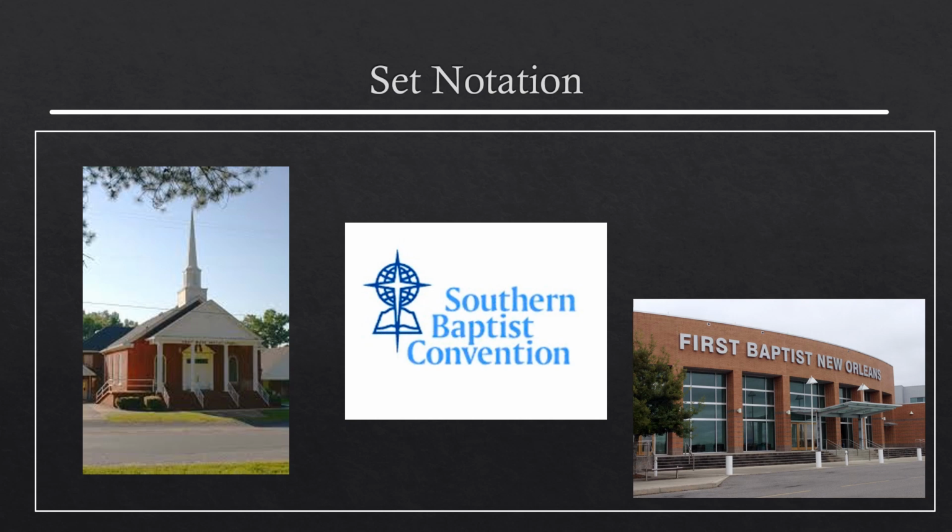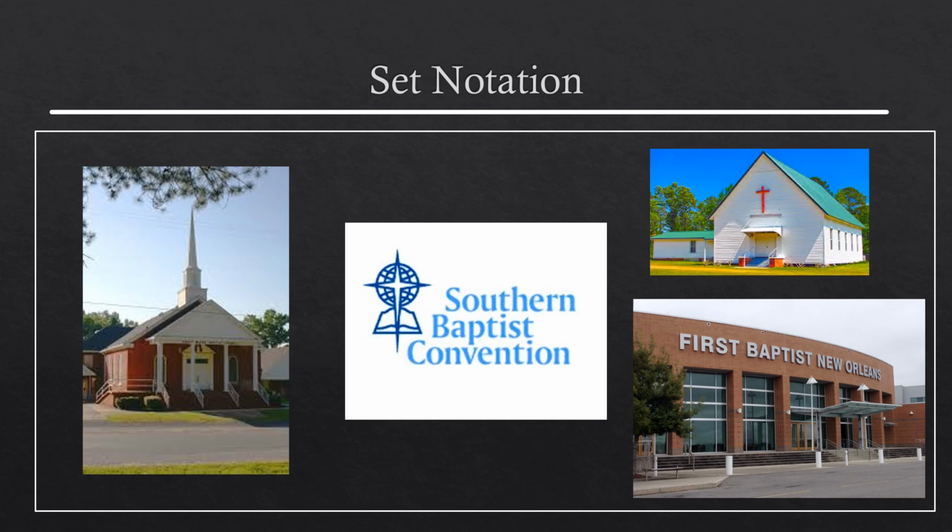And this is First Baptist New Orleans, and this is just a cute little country church I found a picture of on the internet. According to some research, there are 51,379 churches in the Southern Baptist Convention based on current data.